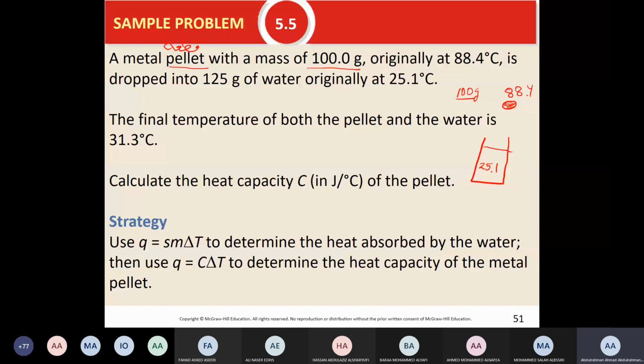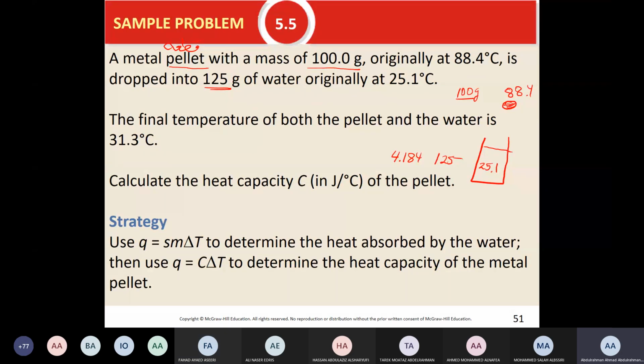Okay. What's the mass of the water? 125 grams. What's the specific heat of water, which you should memorize, but you just don't have to memorize, but I think everybody knows it now. 4.184.